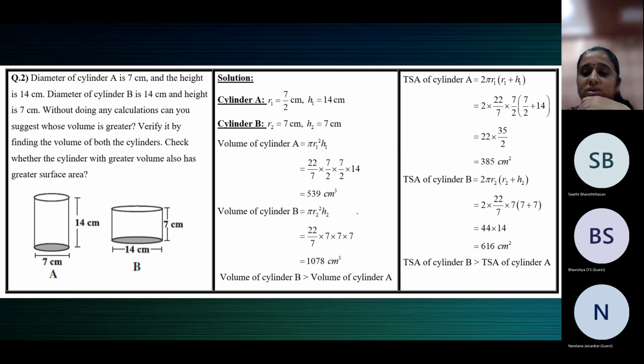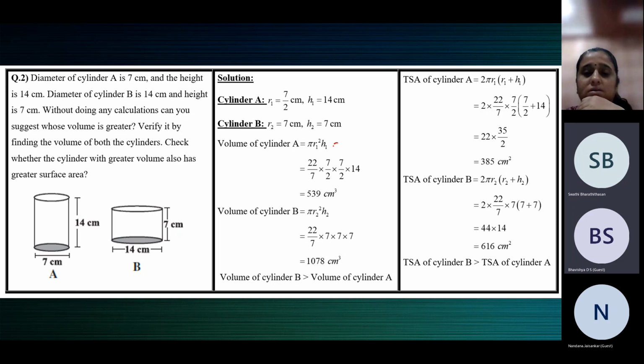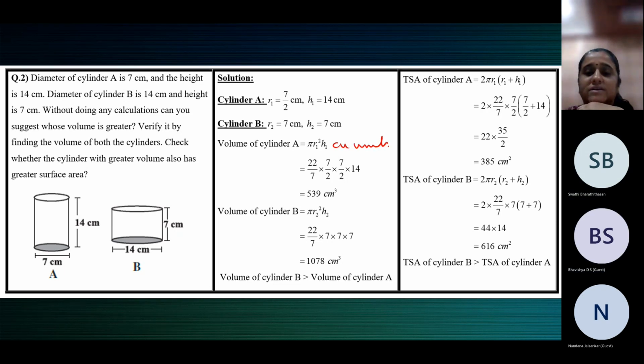Is the working understood, children? Any questions? Understood. You have to write cubic units. I had written it earlier. Cubic units, and then square units here.